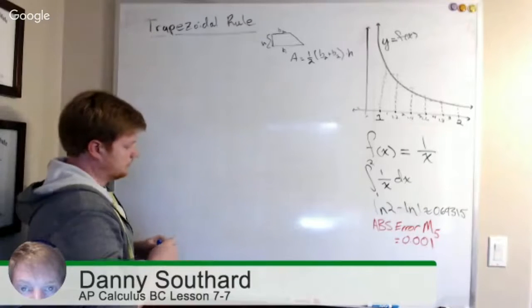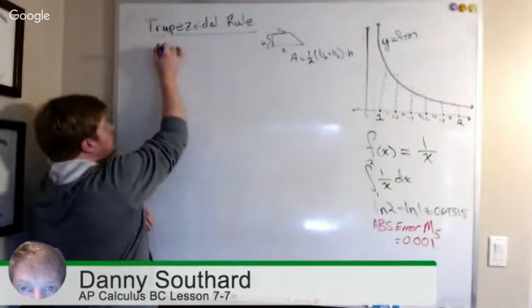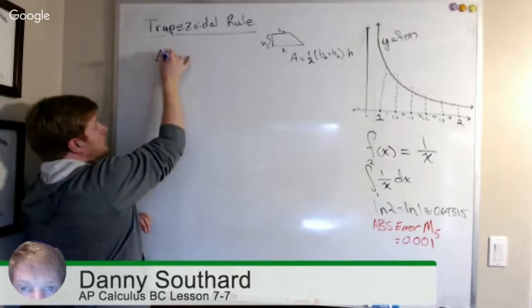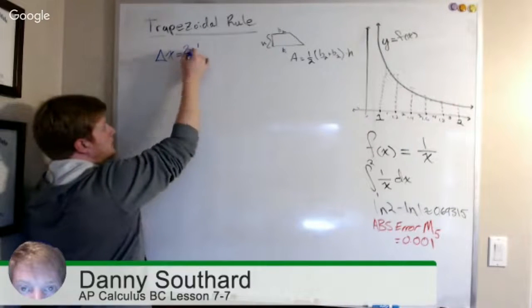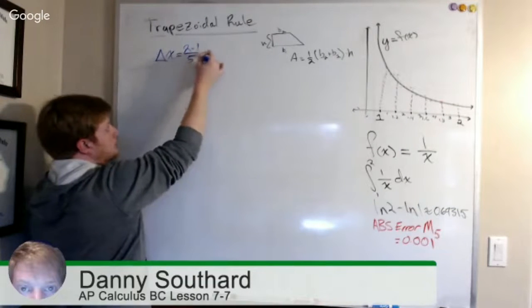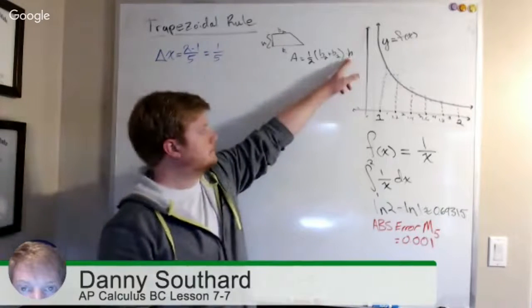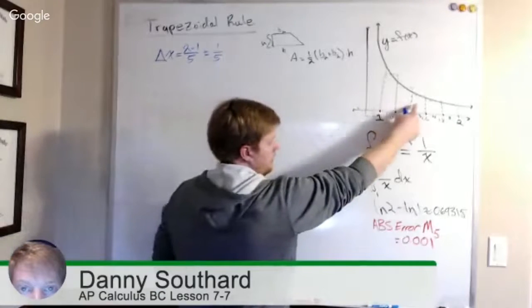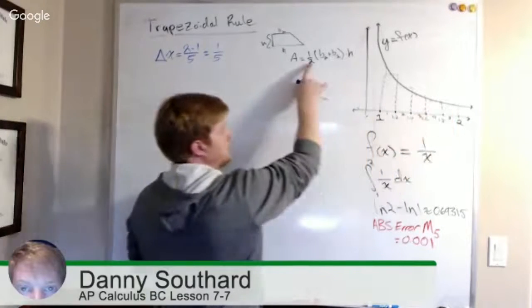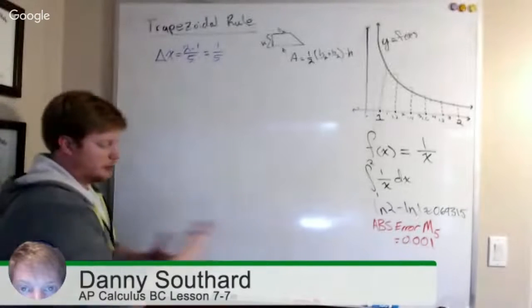So we do need a dx. Same thing, 2 minus 1 over 5 to the 5th. So that's my h. Okay. So notice that the area of each of these trapezoids is going to have a factor of 1/2 and a factor of h. So I'm going to pull those out.